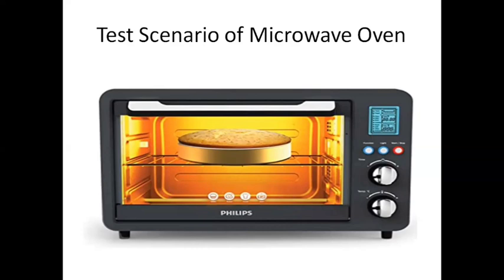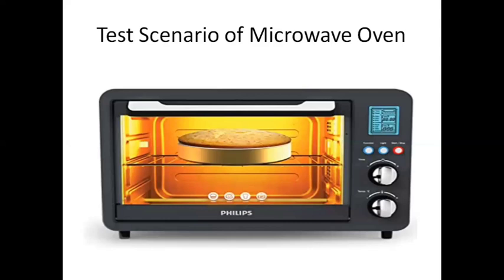If I'm selecting bake, how much time is it taking, like 30 minutes or 40 minutes, and what is the heating capability in that time, whether the food is cooking or not. We will check that. These types of scenarios are also part of testing. And whether the power button is working or not.